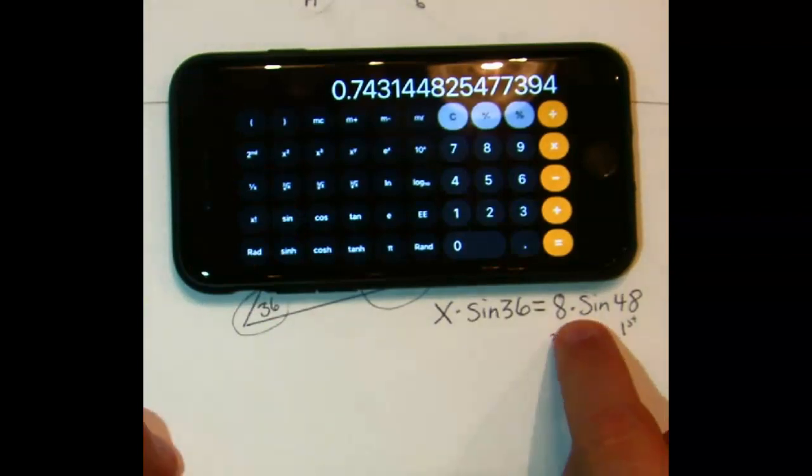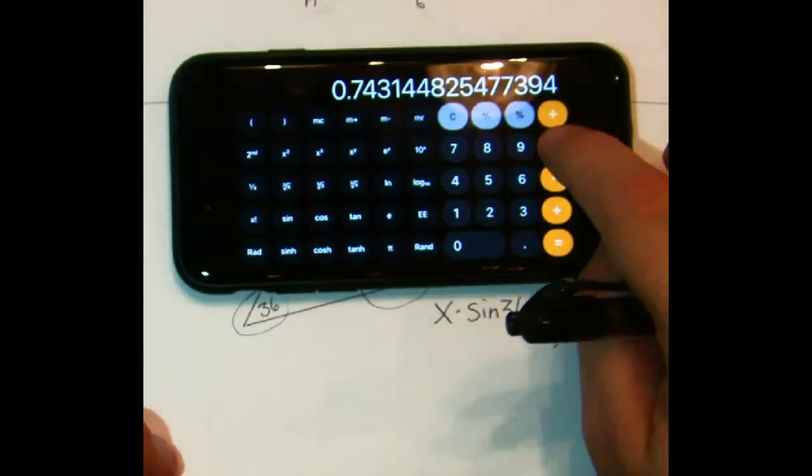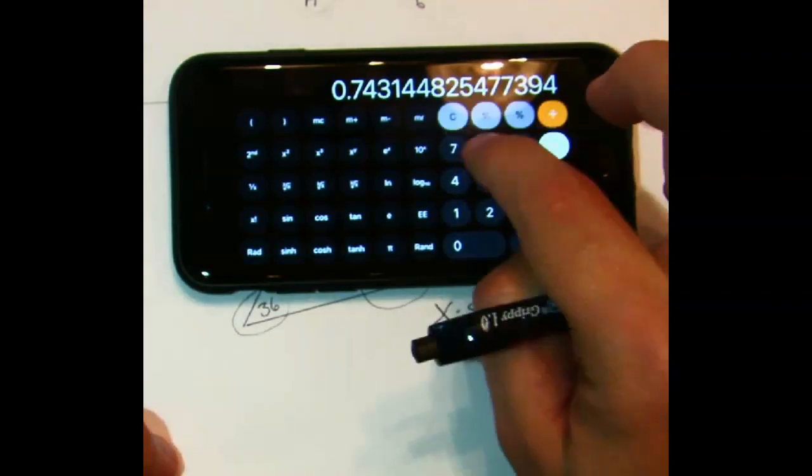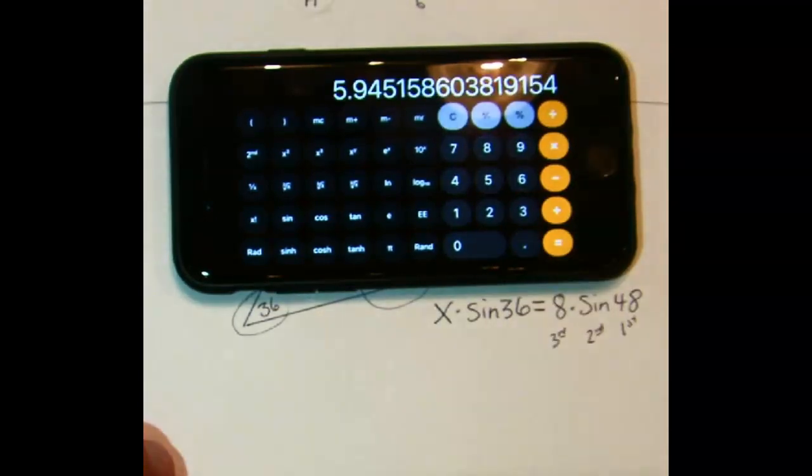Then you notice there's a times here, so we hit times 8, equals. You get this long decimal number, 5.945 and whatever. Leave it alone. Just keep it in your calculator because you don't want to have to think about rounding. Just keep it like it is.